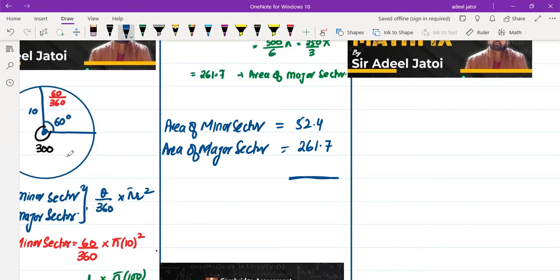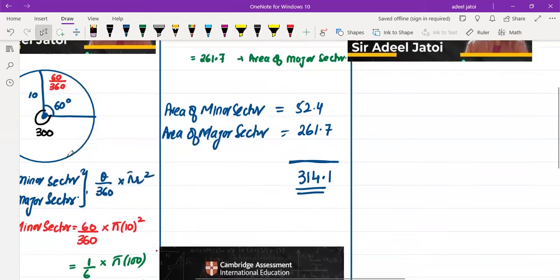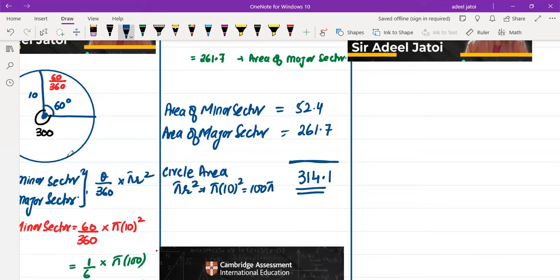Adding both of these values, the answer will be 304.1. And the circle area, using pi r square, which was pi 10 square, which was 100 pi, the answer is also 314.1. So this is a clear indication that the area of the minor sector and the area of the major sector come from the area of the circle.